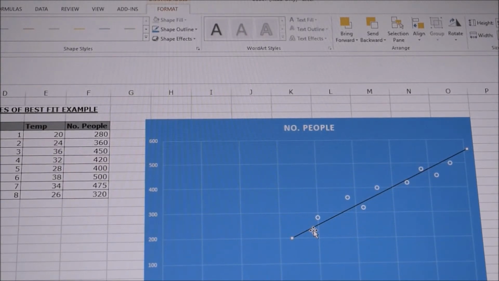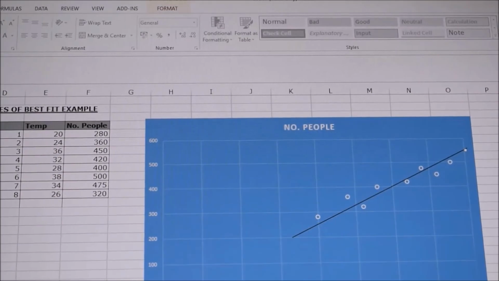So the trend line can also help us to predict what could possibly come next. For example, if our day 9 temperature was 40 degrees, we could possibly now predict, because of the trend line that we've drawn, how many visitors would come to the swimming pool that day. So the temperature is 40 degrees.